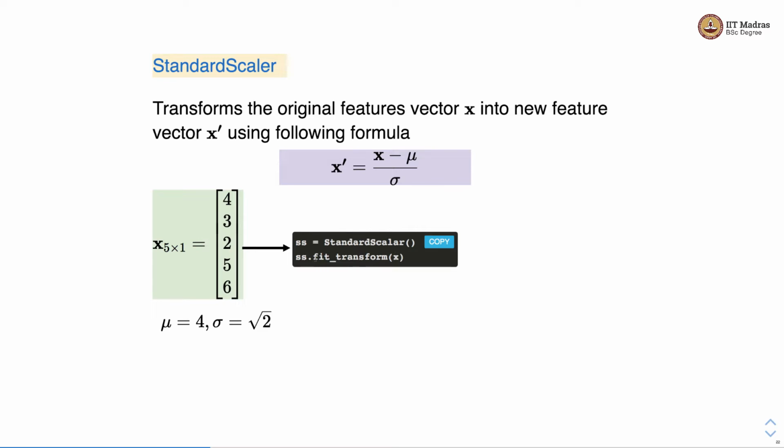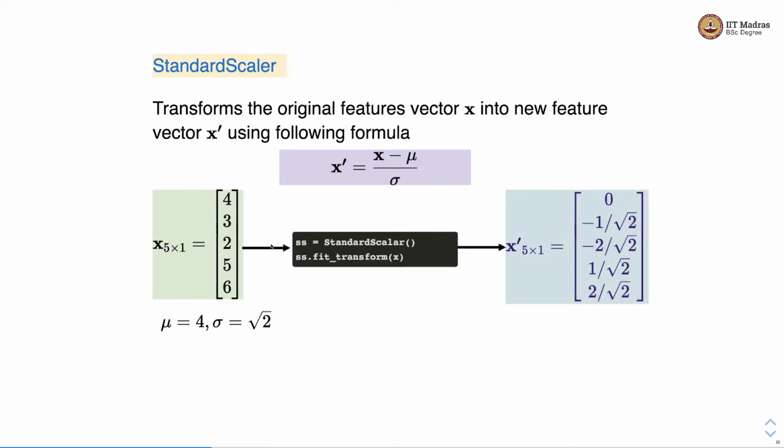Again, I would request you to notice this fit_transform and also appreciate the uniformity of the sklearn API. For all transformers we use the fit_transform method on the original feature matrix, and this gives us the transformed feature matrix where each value is transformed according to this particular formula.